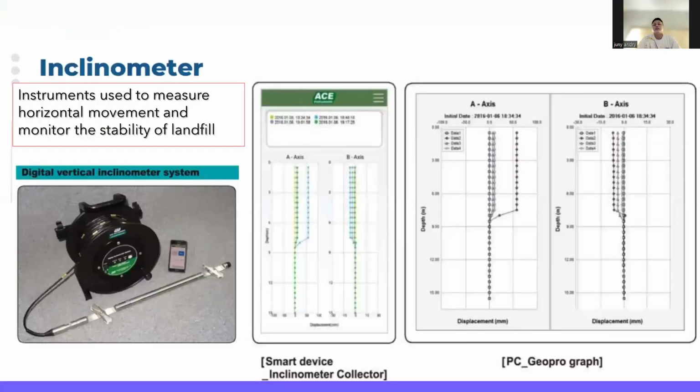The inclinometer is an instrument used to measure horizontal movement and monitor the stability of the landfill. I think the inclino is a very important instrument. We can have the smart device in the inclino collector.